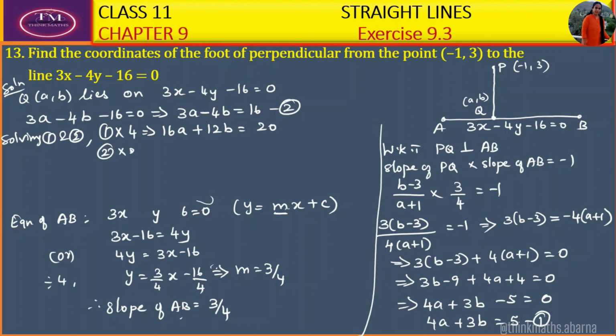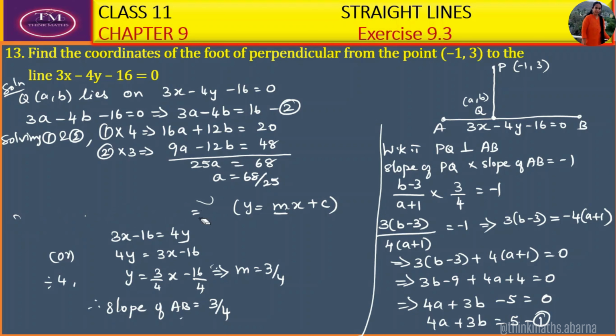Second equation by 3, 9a minus 12b equal to 48. If we add both, we will get 25a equal to 68. So a will be equal to 68 by 25. So we got the value of a. Now if we substitute the value of a in any equation, we will get the value of b.